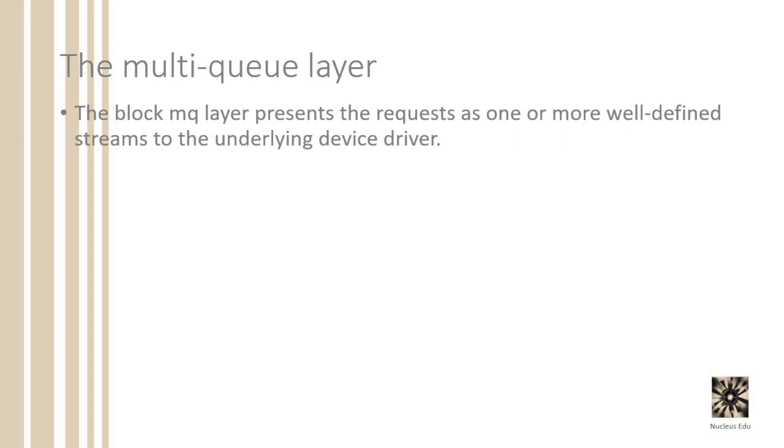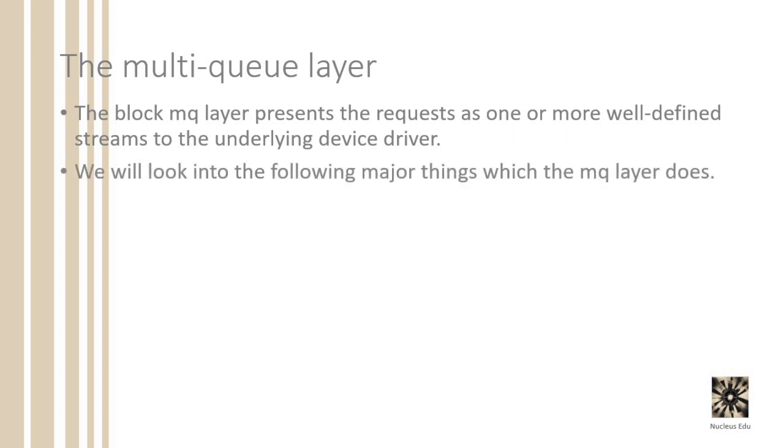So the block MQ layer presents the requests as one or more well-defined streams to the underlying driver. Right, so we will look into the following major things which the block layer does. Checking and performing a bio bounce, what is bouncing of bios and why it is needed.